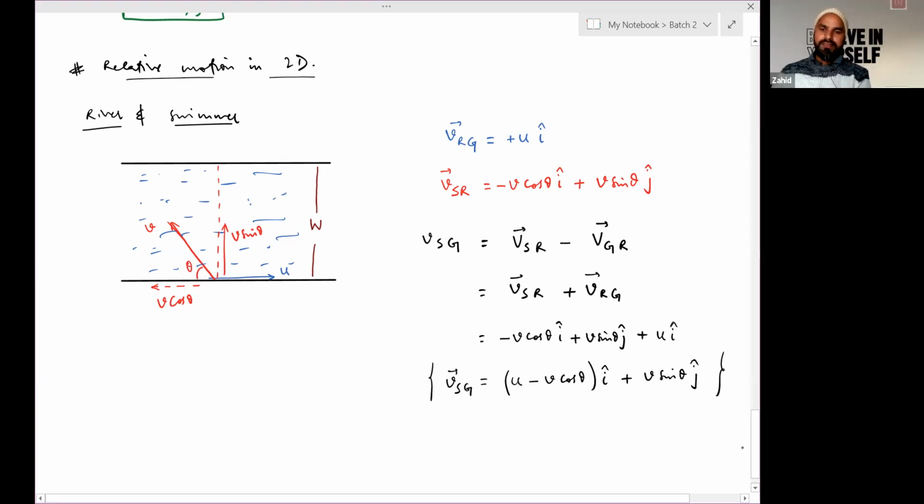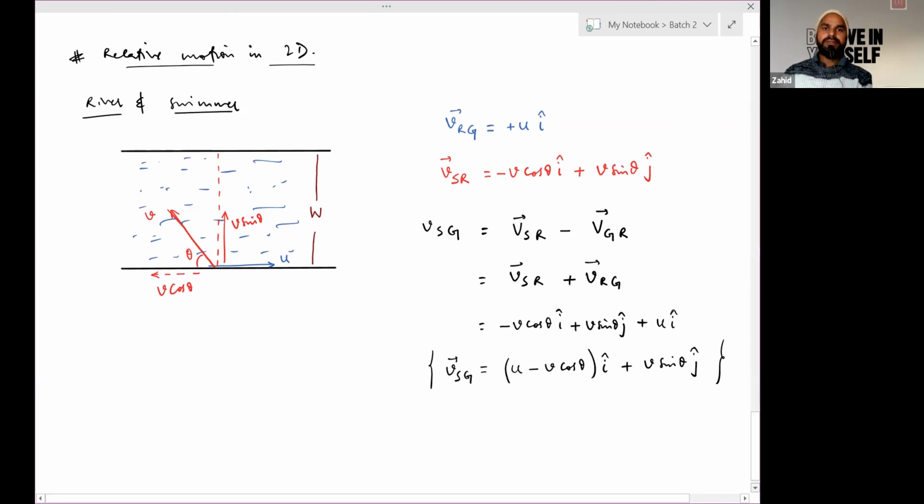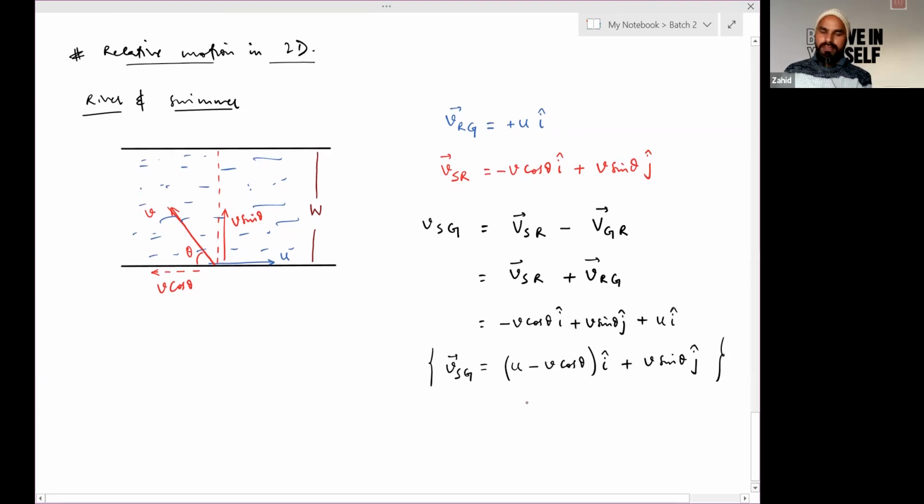Now we have to define some conditions related to this. Since we have two terms, one is along x-axis and the other is along y-axis.